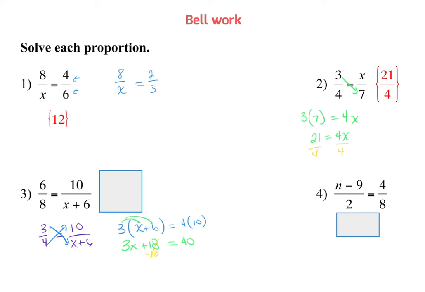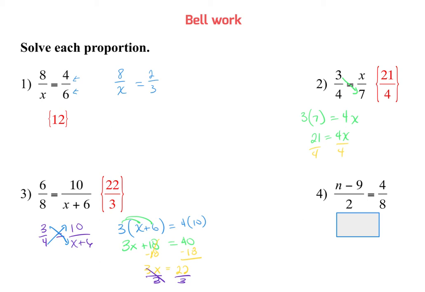You're going to subtract. So you have 3x equals 22. Again, you're going to want to divide both sides by 3, and since it doesn't reduce, that will be your answer. 22/3.